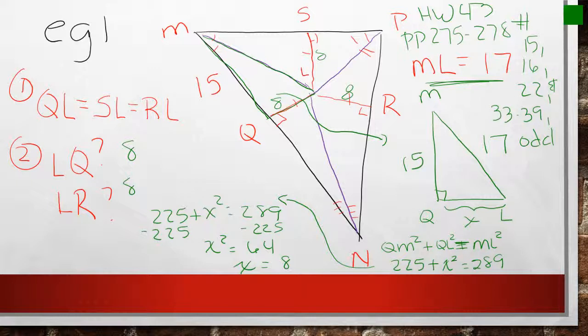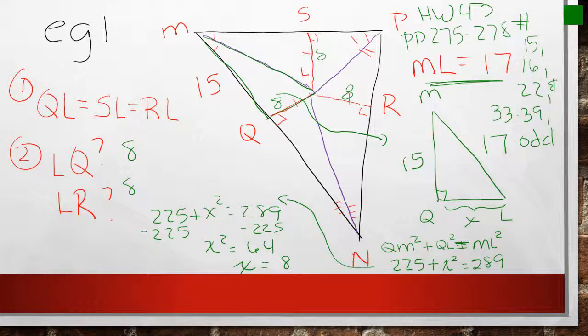I'm going to let QL be x. And I'm going to say that the length of QM squared plus the length of QL squared equals the length of ML squared. So we know QM squared is 15 squared, which is 225, plus x squared equals 17 squared, which is 289.